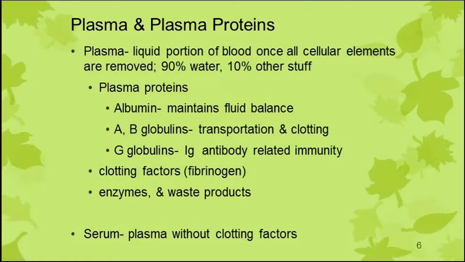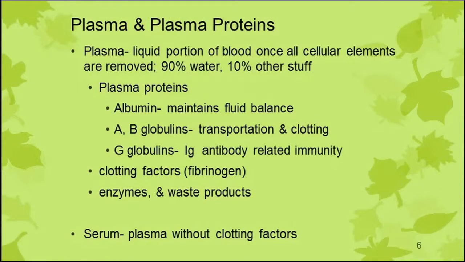Okay, I'm not going to ask you to know what things those are. I just want you to know that the alpha and beta globulins are the transport vehicles, so they help to carry things throughout circulation into the appropriate parts of the body.